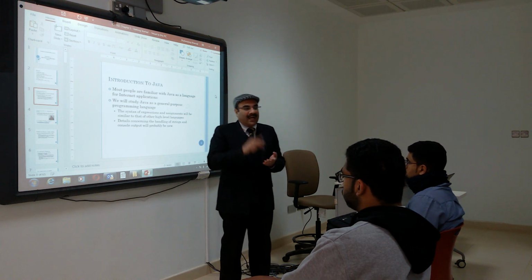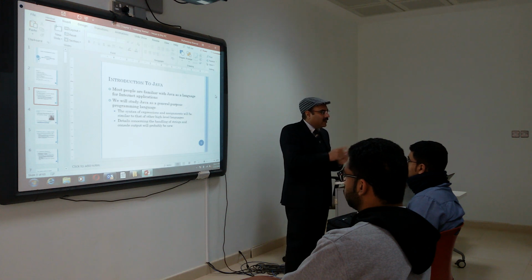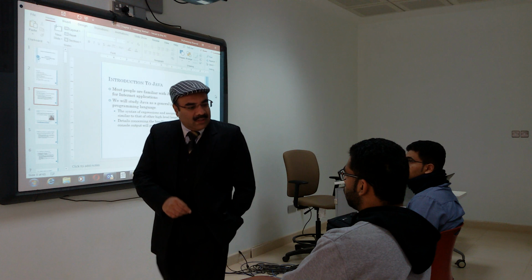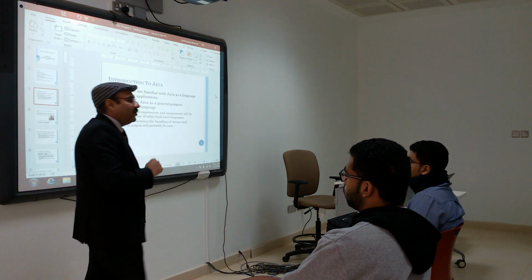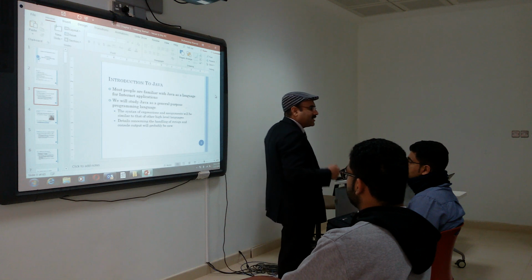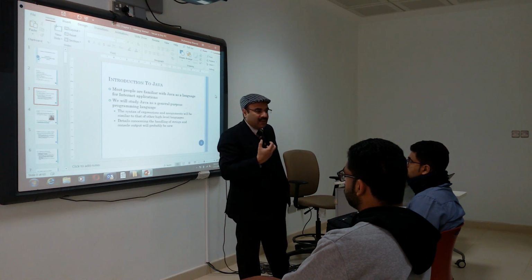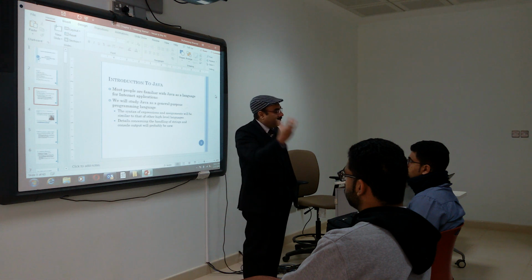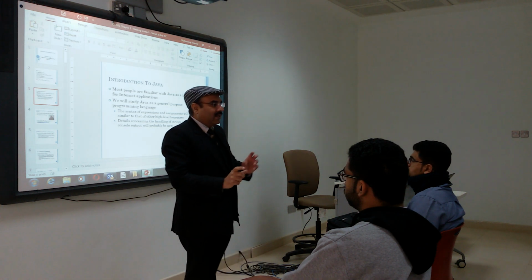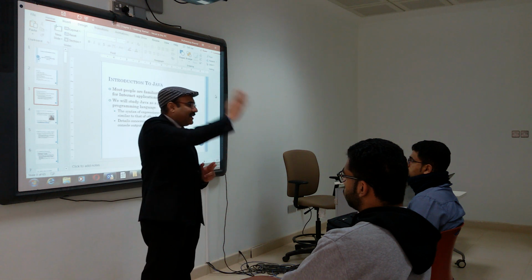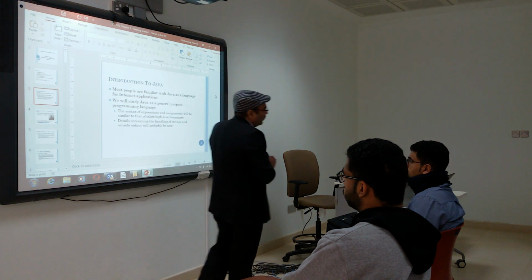The central processing unit also has two parts: the arithmetic logic unit and the control unit, CU. The arithmetic logic unit performs arithmetical and logical operations on data, and the control unit controls the operation of the computer, managing and controlling the tasks. The arithmetic logic unit decides: this is the condition, this is the action, and processes accordingly.